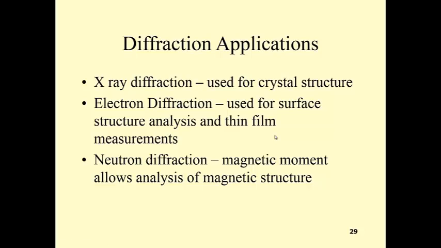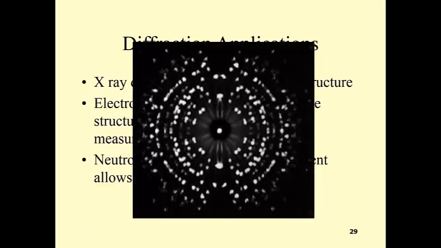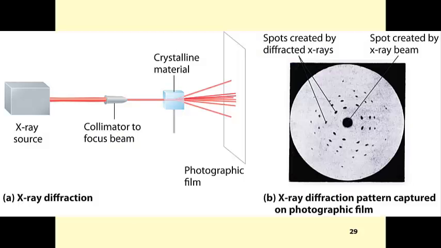What are the applications? Diffraction is useful in so many different ways. One of the ways that we use it in science is X-ray diffraction. If we use a light source that's not, for example, a laser, then we can get information back from solid substances such as crystals. X-ray diffraction was used initially for crystal structures, and in fact it was the technique that managed to find the structure of DNA. It's incredibly useful, and it's commonly used these days to find the structure of new drugs and things like that.